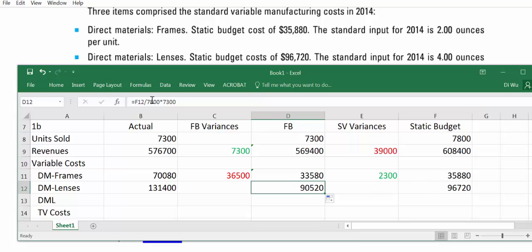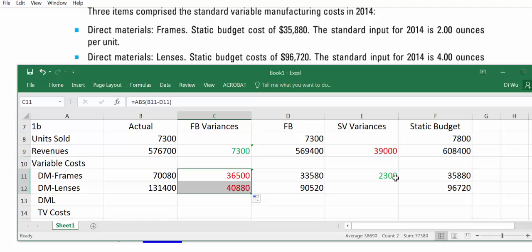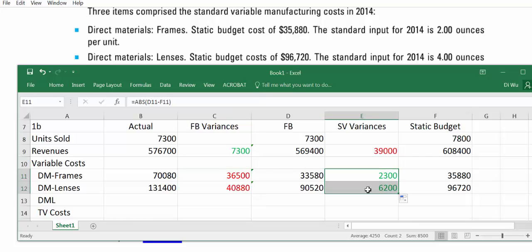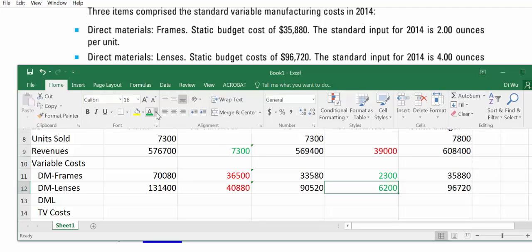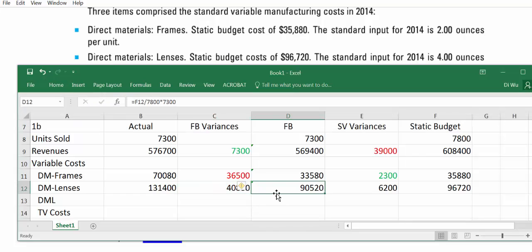That's how you get this number. You can also check this formula. Then go ahead and find the difference, find the variance. I'm going to put down here and there. I should slow down a little bit because I don't want to assume which one is favorable and which is unfavorable, so let me leave them black. Then I will adjust their color based on their favorable or unfavorable status.